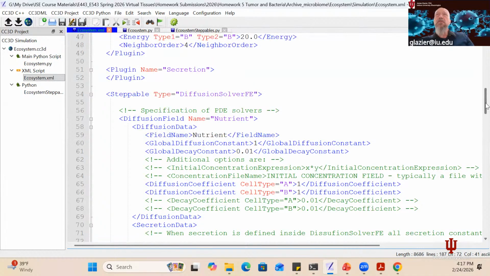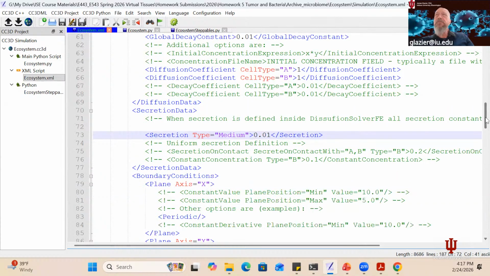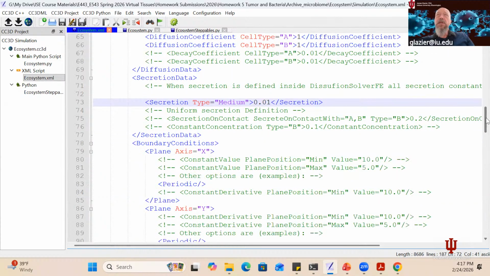So the equilibrium concentration is 10. The equilibrium concentration of the chemical is 10. And so we can calculate the maximum secretion rate, which would be basically 0.01 times the number of voxels in the system. So that's the maximum available nutrient.